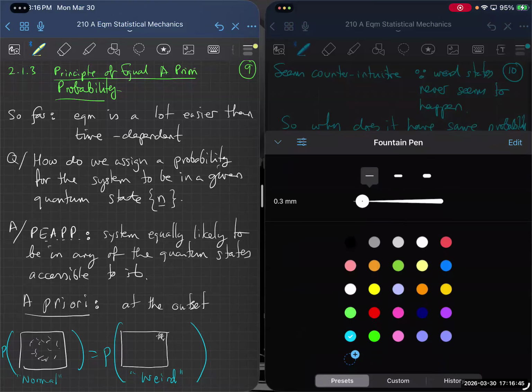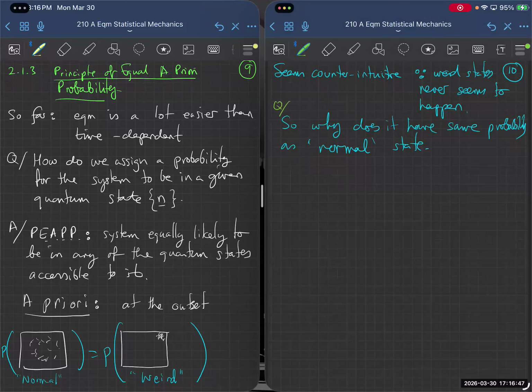So the answer is that the normal state is called normal because the density is, roughly speaking, uniform. And the thing is this, there's astronomically more microstates of the system that correspond to that than correspond to all the particles in the weird state.